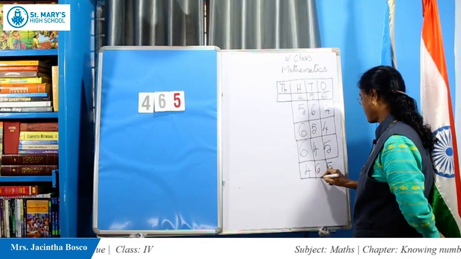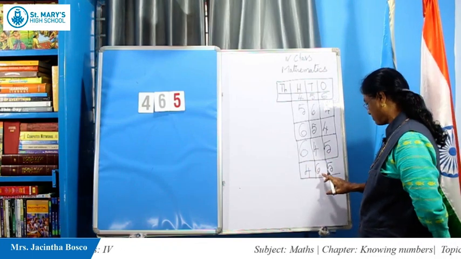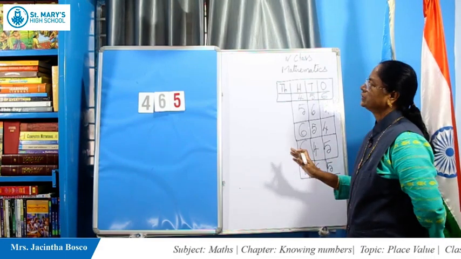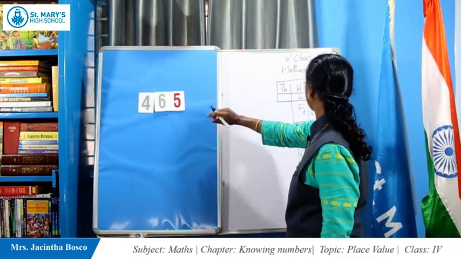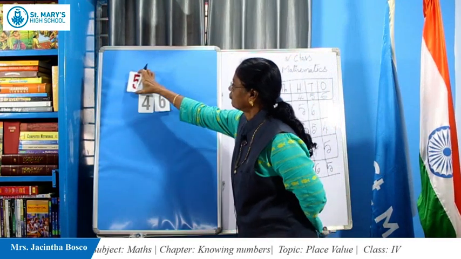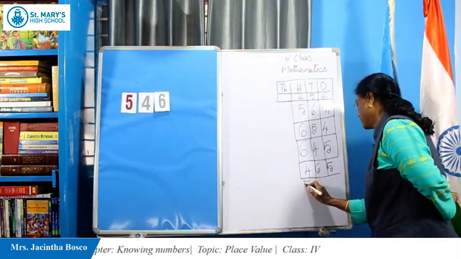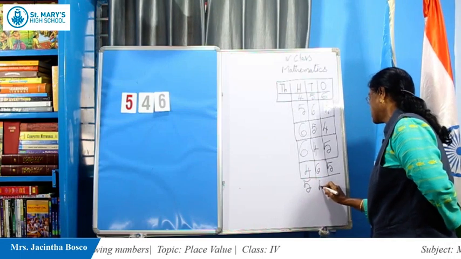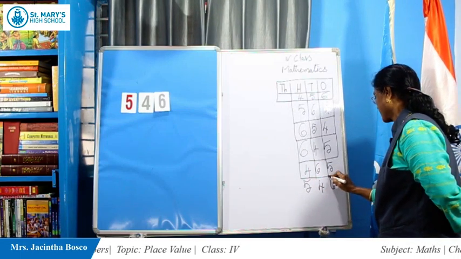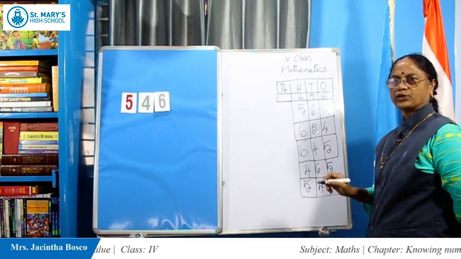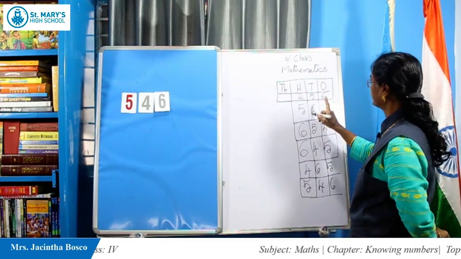Can you expand this? 400 plus 60 plus 5, isn't it? Now, shall I go the other way? Now, 5 I will put here. What did you get? 546. Is it correct? Do you understand how to know the numbers?